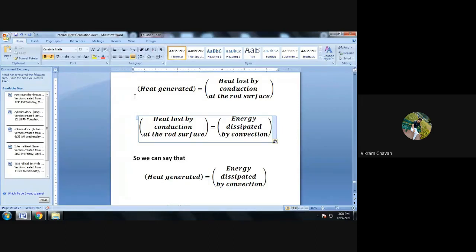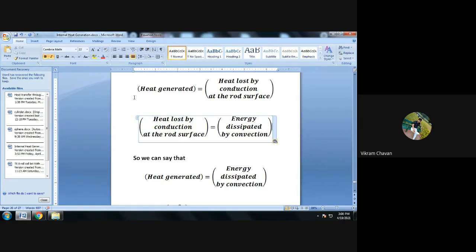One condition we have considered is that the heat generated is equal to the heat lost by conduction at the rod surface. And however much heat is lost by conduction to the rod surface, that much heat will be transferred or dissipated to the environment.